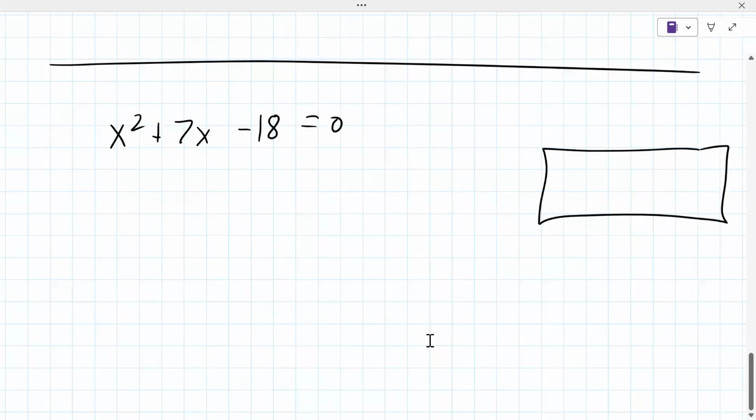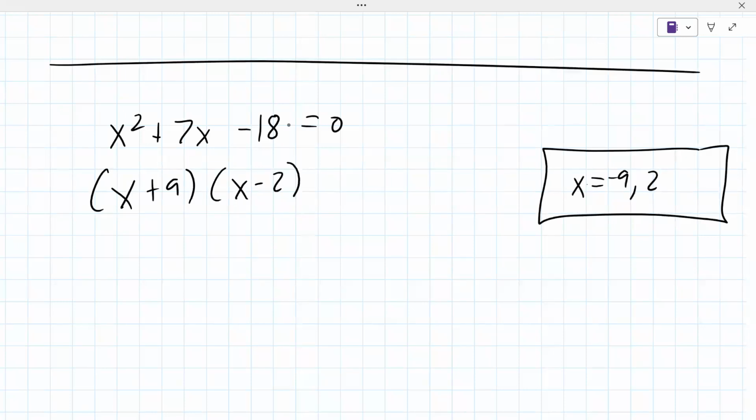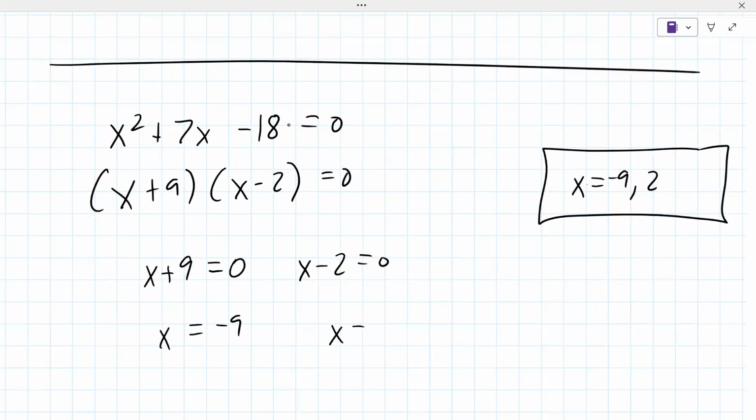So keep going. Those sound correct, but keep going. It'd be x equals -9 and then x equals 2. Okay. So it factors into x plus 9, x minus 2 equals 0. You set each of those equal to 0, and you solve, and you are correct.